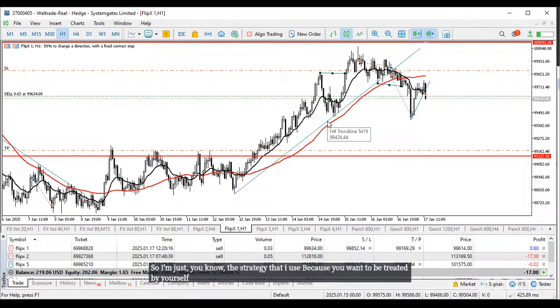Another thing is that I analyze from the higher time frame, from daily.